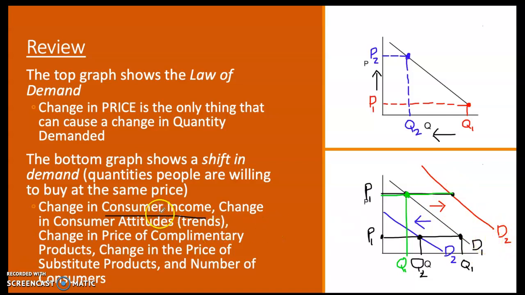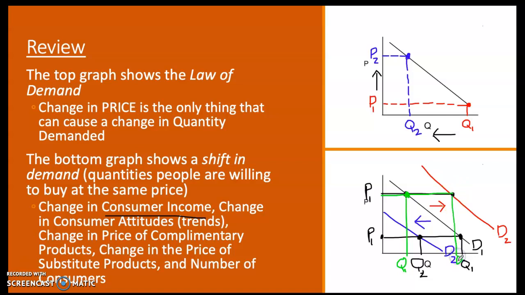Let's say as opposed to a change in consumer income by losing your job, you get a raise at your job. Okay, the price of these products has not changed, but your demand for the products has changed because you have more money now to spend on the products. So that increases the overall demand for that product based on your income.